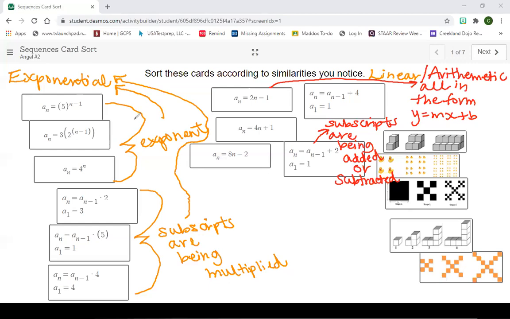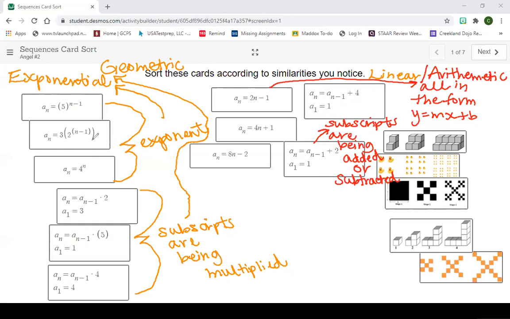If it's exponential, or what's another word for saying exponential? What sequence? So geometric, if what? If the subscripts are being multiplied, see how the subscripts right here are being multiplied, or the exponent is inside the equation.